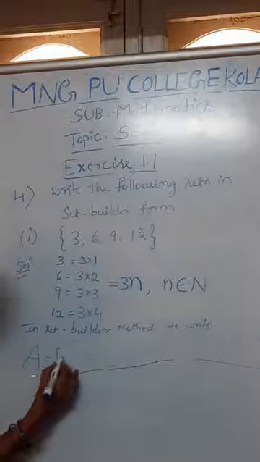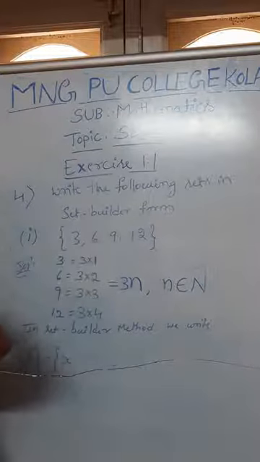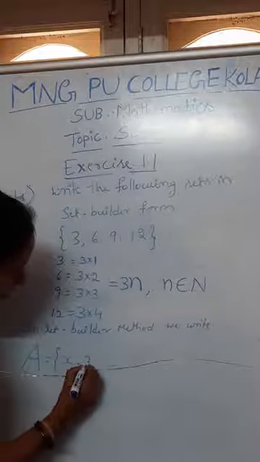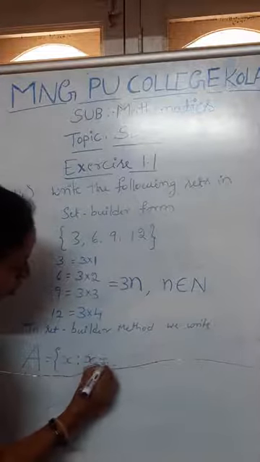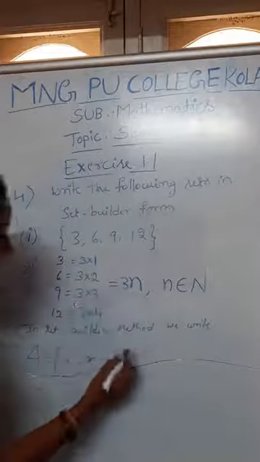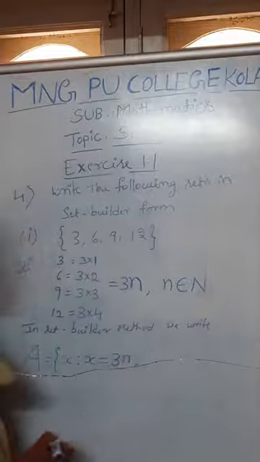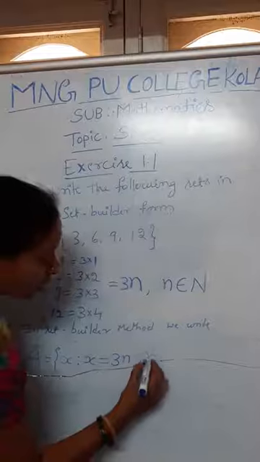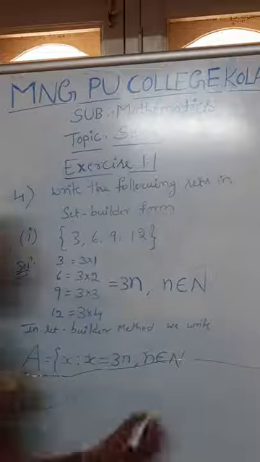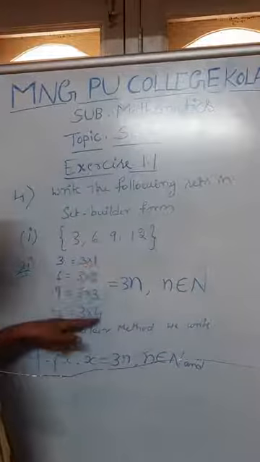We know that in set builder method we take elements x, because elements are usually denoted by small alphabet letters, x such that x equals 3n, comma, n belongs to the standard notation N, and these natural numbers lie between 1 and 4.